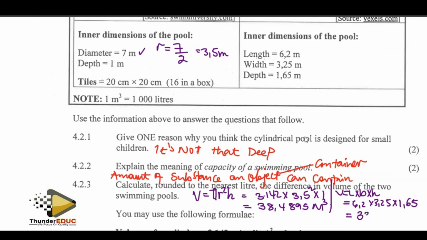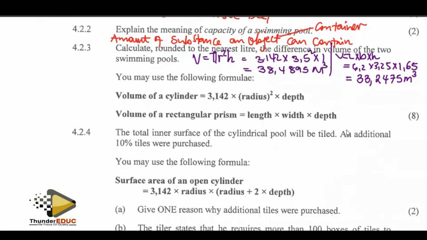So here we have 33,645 meters cubed. Subtract the 2, we end up having 5,242. These are meters cubed, right?